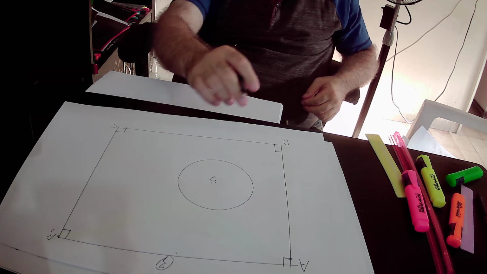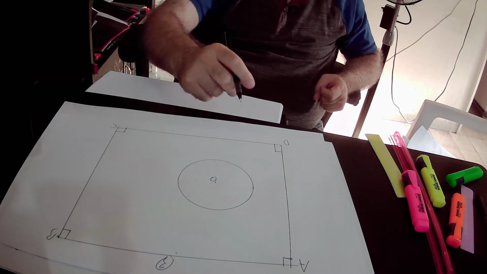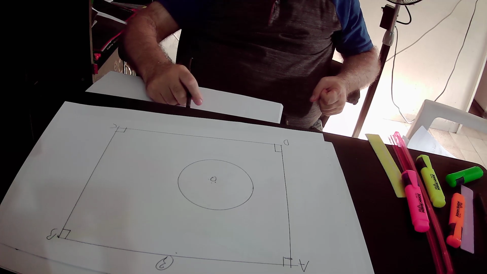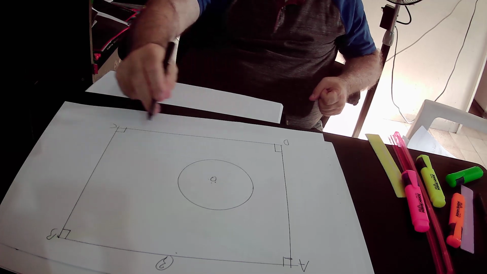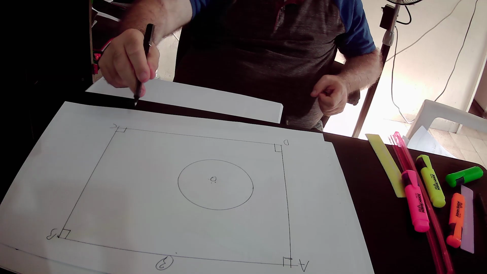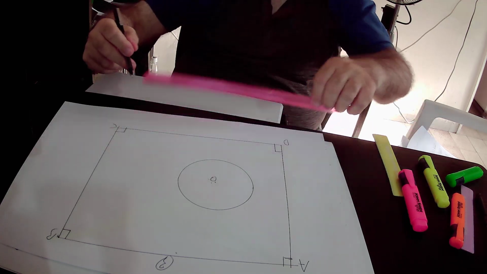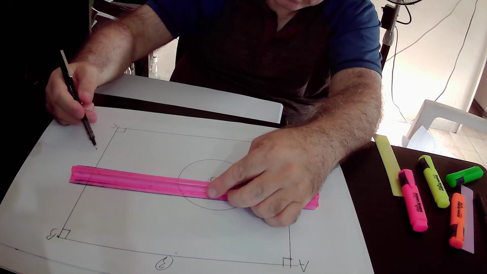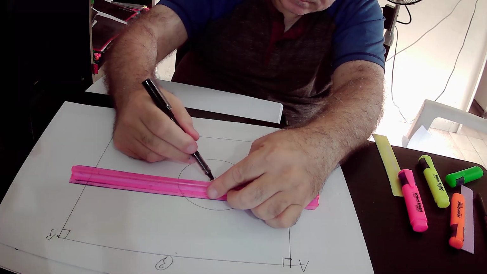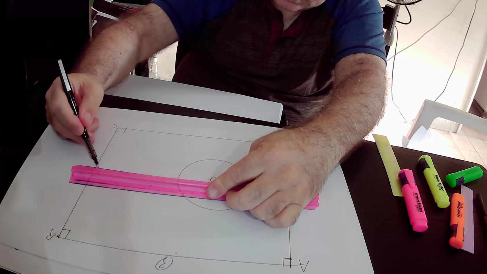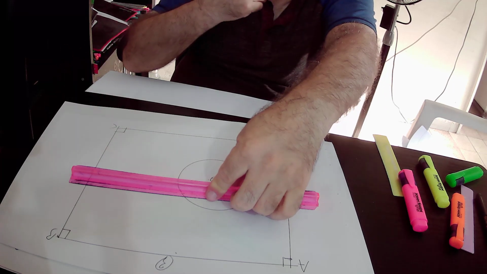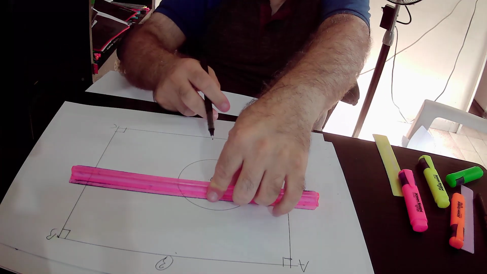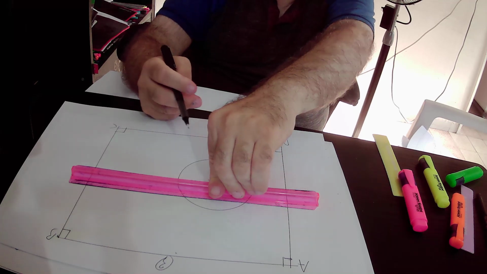You know that the center of this circle is point O. So from point O, we draw perpendicular on BC. And we will extend the perpendicular from point O towards AD.